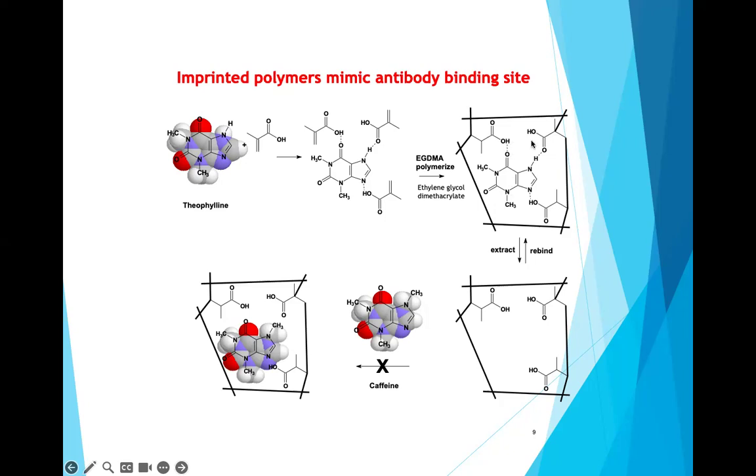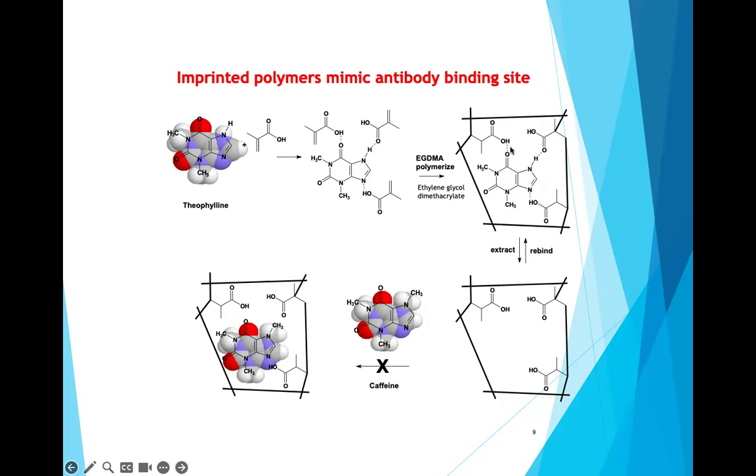Once it is interacted, as I mentioned, we want to capture them in a cage. We don't want the hydrogen bond to detach. Hydrogen bond is not as strong as covalent, but it is a very strong force.